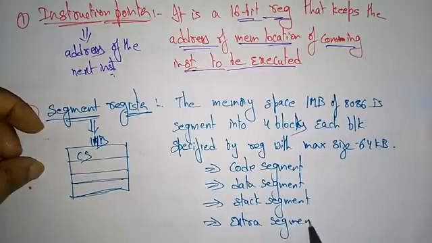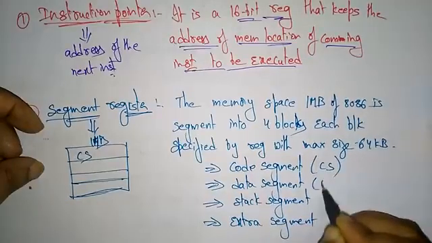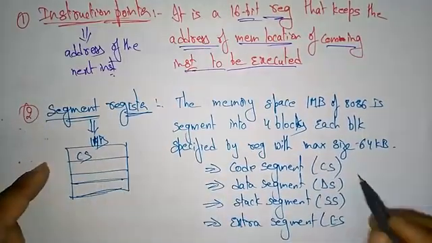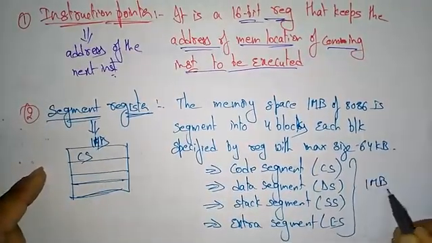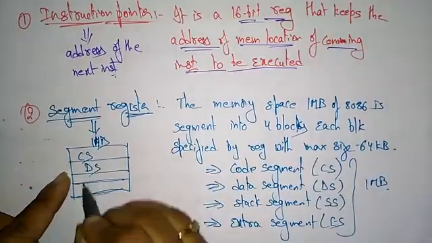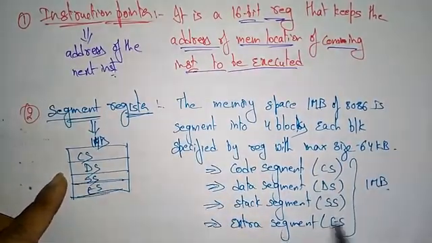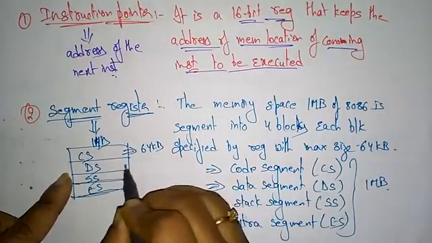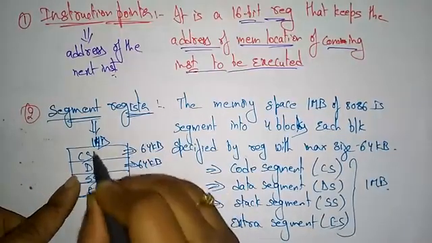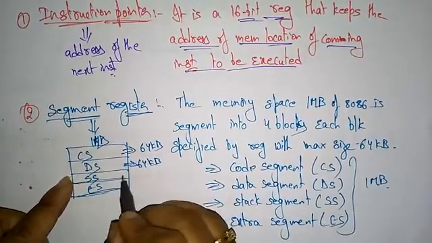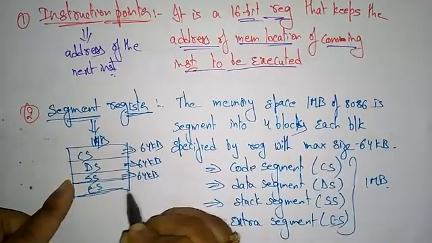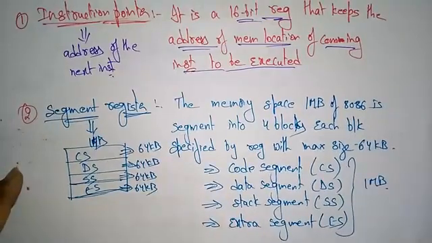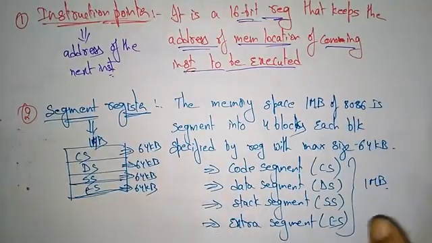Together this is 1 megabyte, but each segment is a block holding 64 kilobytes of memory. You call each one a register to store the data, so each can hold up to 64 kilobytes of data at a time. So this is about the segment register.